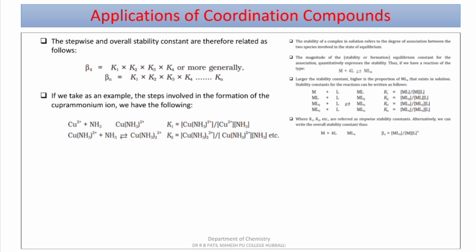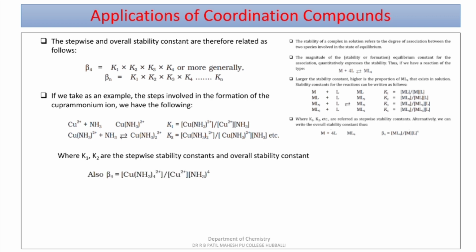And as the ligands go on adding, there is a formation of different stepwise stabilities, that is K1, K2, K3, K4 etc. Therefore, we can get beta 4 because there is an addition of a total of 4 ligands for the cuprammonium ion.